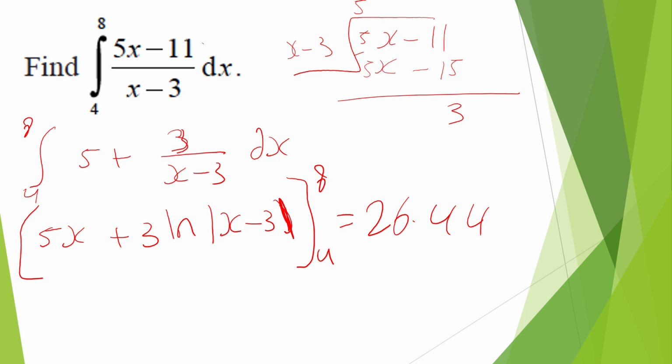If you don't know how to do it in the calculator, then you will just substitute the 8 first, minus substituting the 4. You just need to make sure that the brackets are good like this. So you'll have to do 5 times 8 plus 3 ln 5, because 8 minus 3, minus open bracket 5 times 4 plus 3 ln 1, and then you will get the same answer anyway.